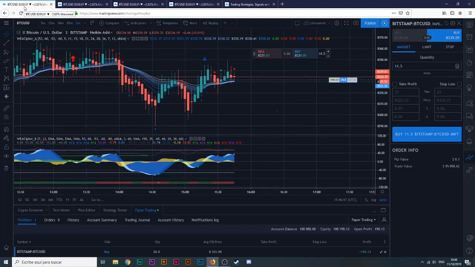So on the 3-minute chart, our wave is above and it's indicating market top.